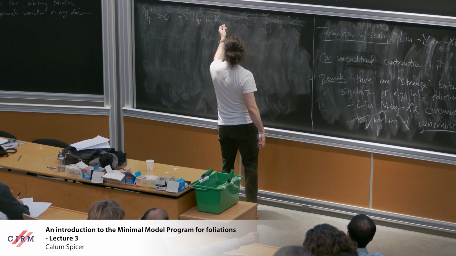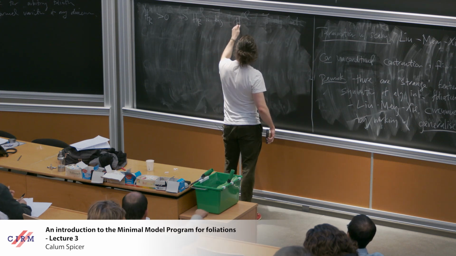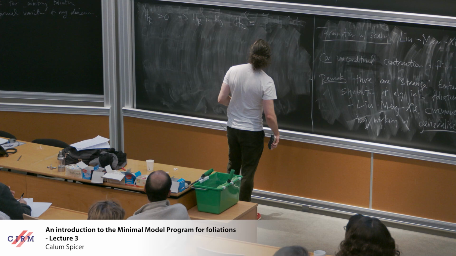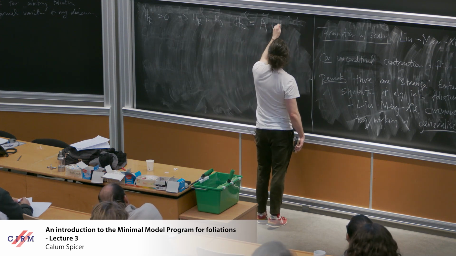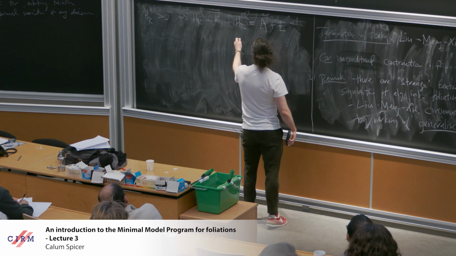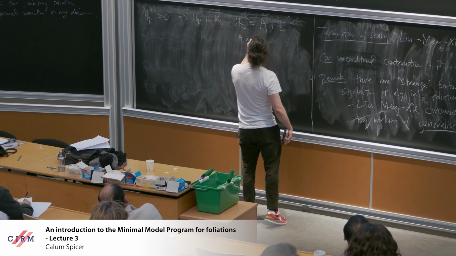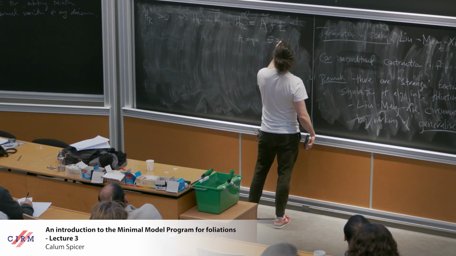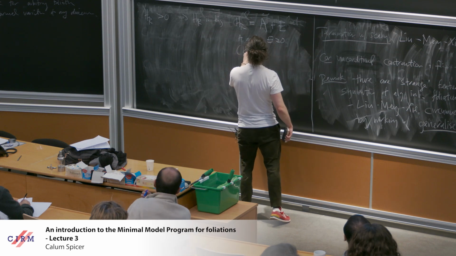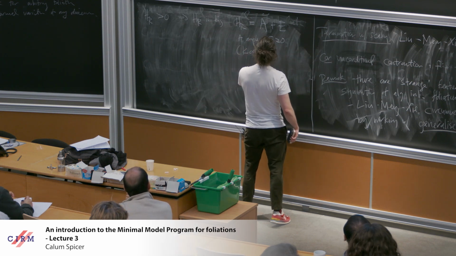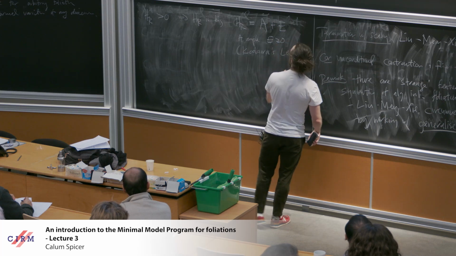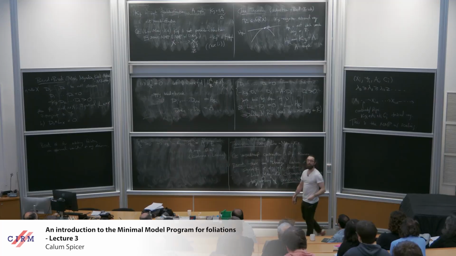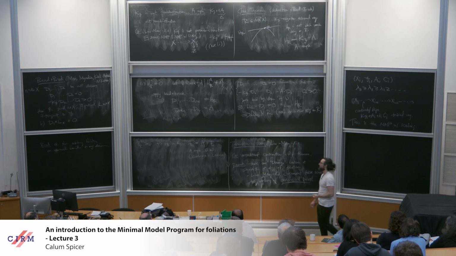In other words, we can write H_R as being numerically equivalent to an ample divisor A plus some effective divisor E. This follows from Kodaira's lemma: if H_R to the n is positive, we can write it as an ample divisor plus an effective divisor.